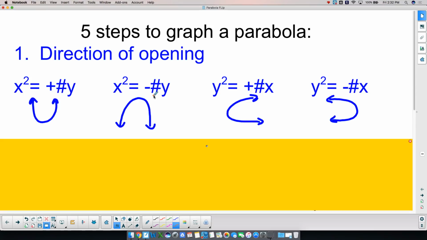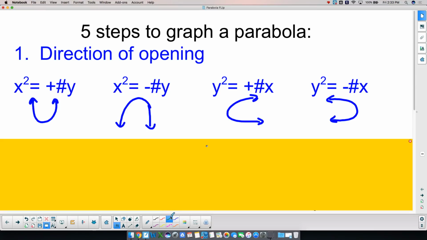On the third one, we have a y is squared with a positive coefficient on x, opens to the right. And the last one, y is squared with a negative coefficient that opens to the left. So looking for two things there.